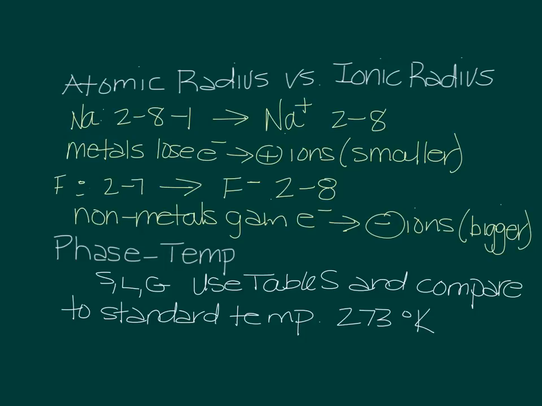It's lower than 273. So it already melted. But if you look at iodine, iodine's melting point is above 273. So if I'm at 273 and the melting point of iodine is above 273, then it would be in the solid state. So you have to use Table S if you're not sure if something is a solid, liquid, or gas. And more importantly, you should be using, or I'm just going to put, use Table S to confirm all trends.